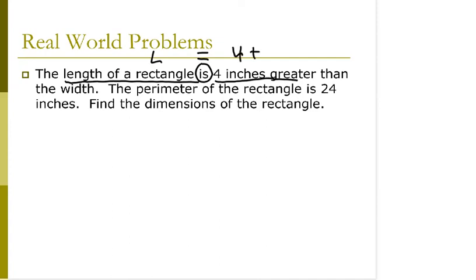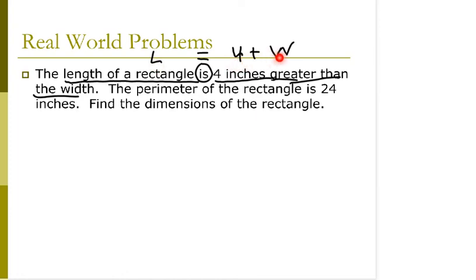So the length is going to have a larger value than the width. So if the width is 2, 2 plus 4 is 6, then the length would be 6. So the length is 4 inches greater. Alright, so when we see the length, we can replace it with 4 plus the width. It means exactly the same thing.